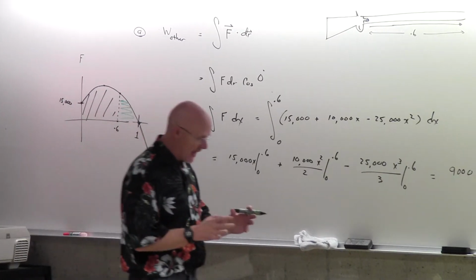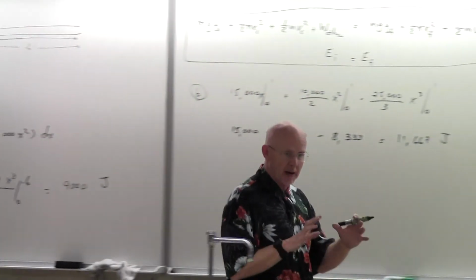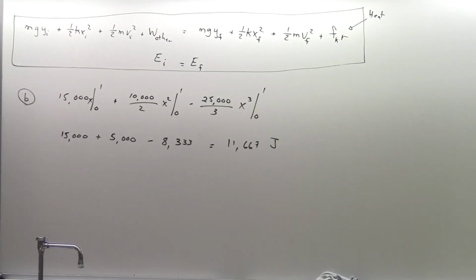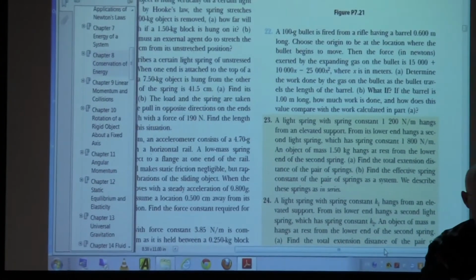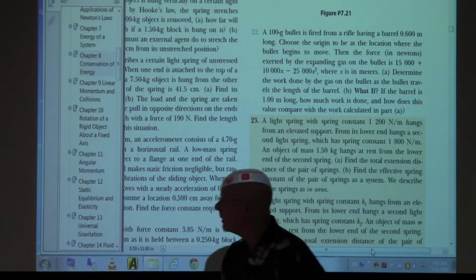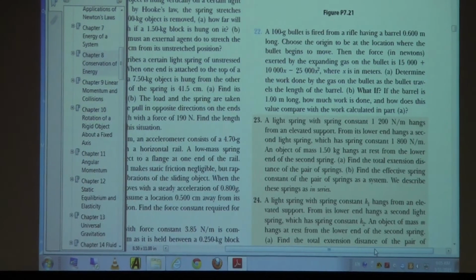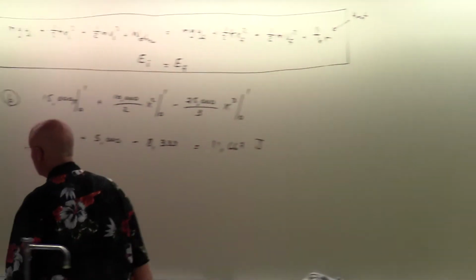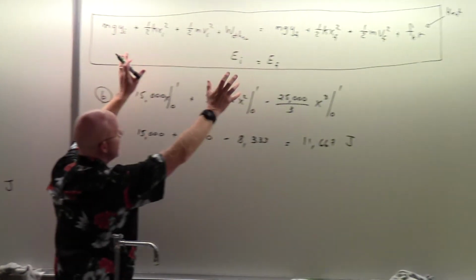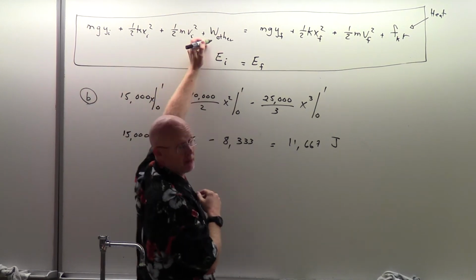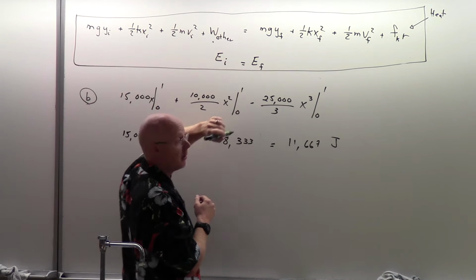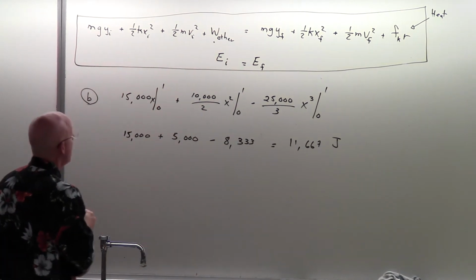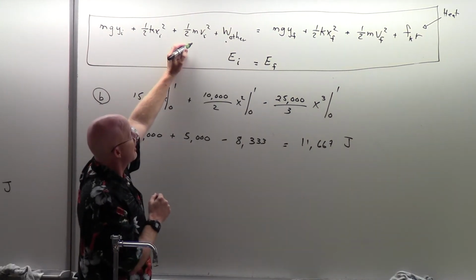The problem doesn't ask it, but I think this problem could be expanded by saying, all right, what are the speeds of the bullet in both cases? And looking at this big equation, haven't we just done that one there? And doesn't the bullet start from rest?